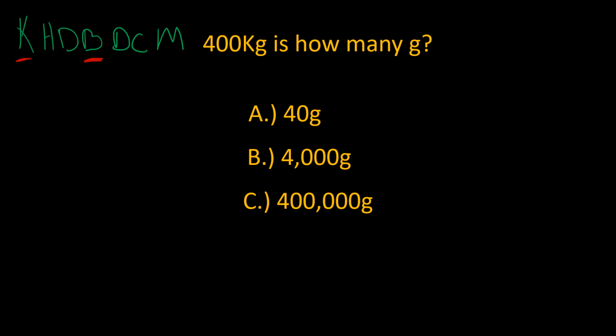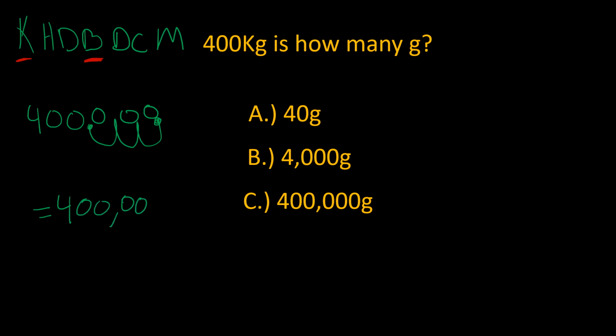So that's exactly what we do with 400. Here's the decimal, and we're going to move it over 1, 2, 3, 0, 0, 0. We end up with 400,000 grams.